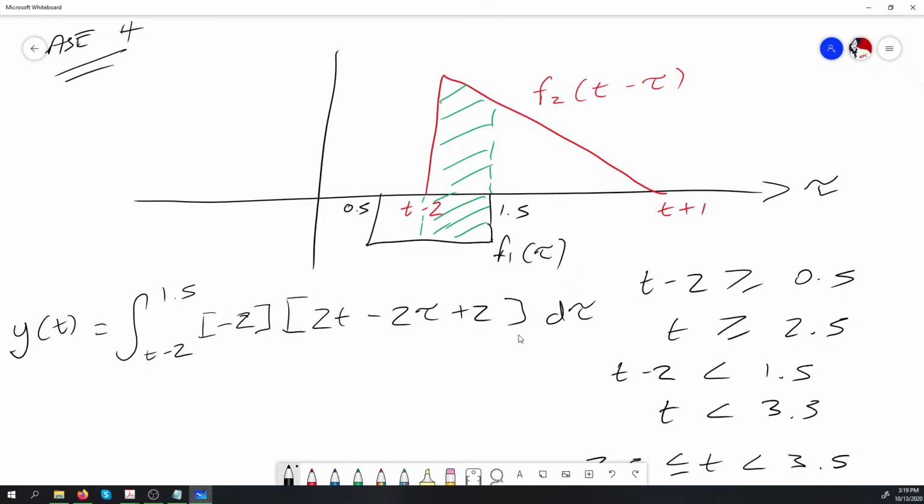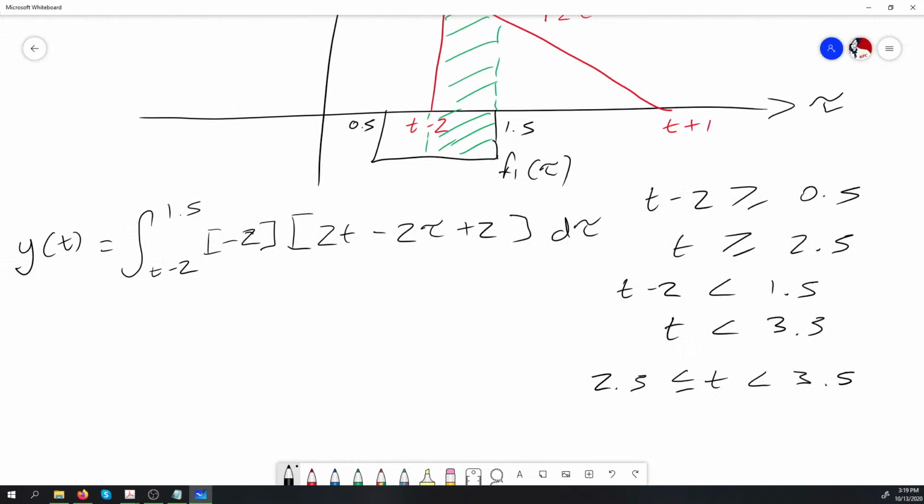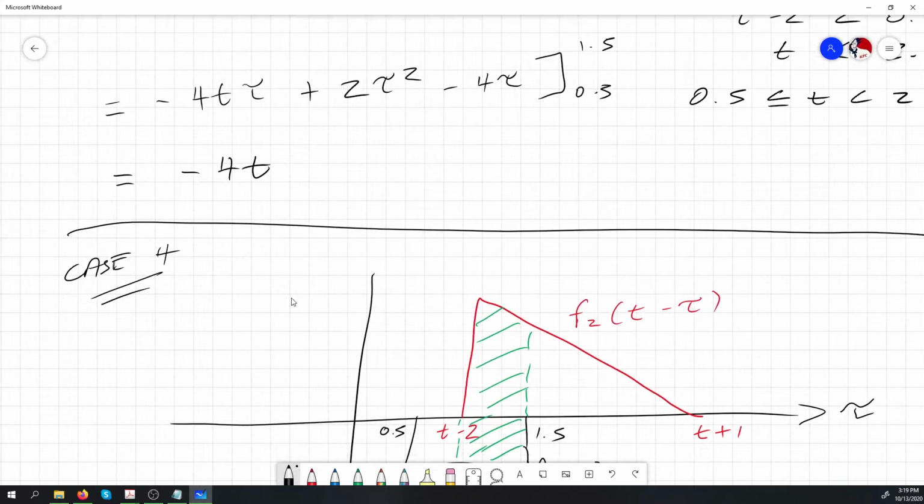We basically do the same integration as before, because this is the same integration throughout the entire thing.